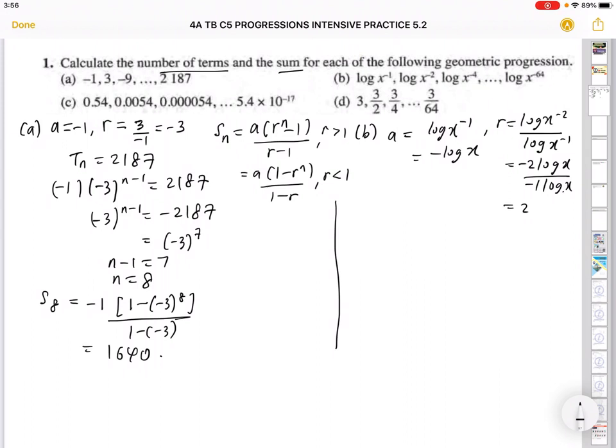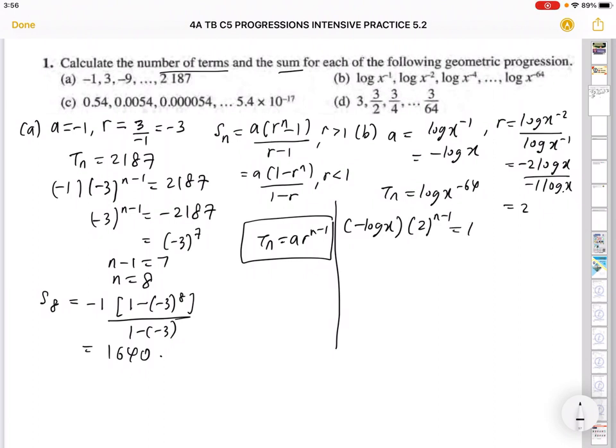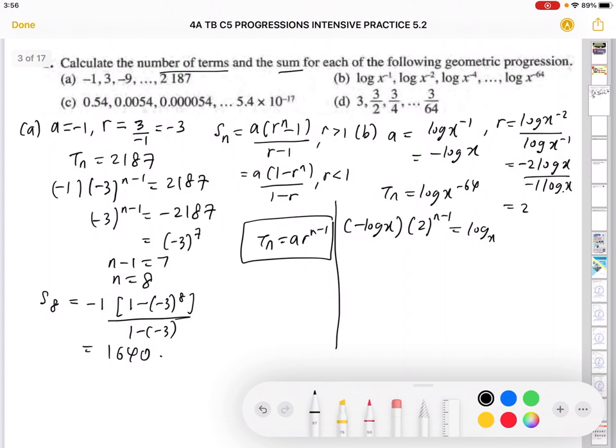Now, if you use the formula Tn equals A R^(n-1), by the way, sorry, sometimes I assume that you already know, because this is the intensive practice, so you have done the self-practice initially, so you know the formula for Tn is A R^(n-1). Now, my last term is log base x of x^-64. So I substitute my A, log x^-1, R is 2, n minus 1. I tend to write x as the base.